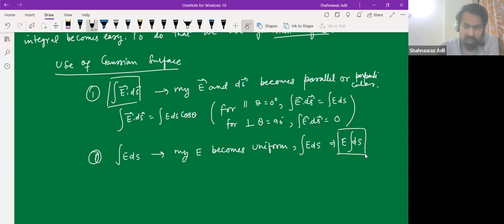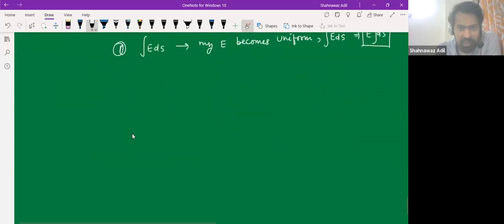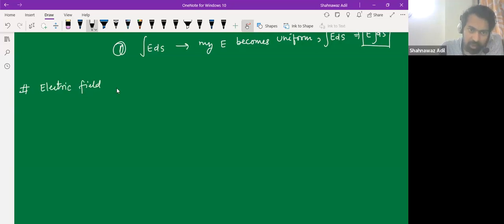When we do the application of Gauss law, let us try to understand this with the electric field of infinite linear wires, linear charge.